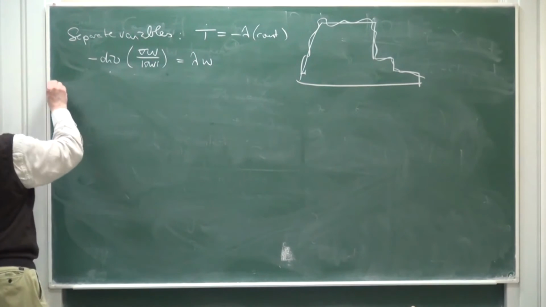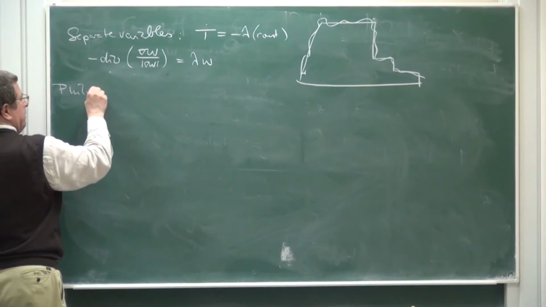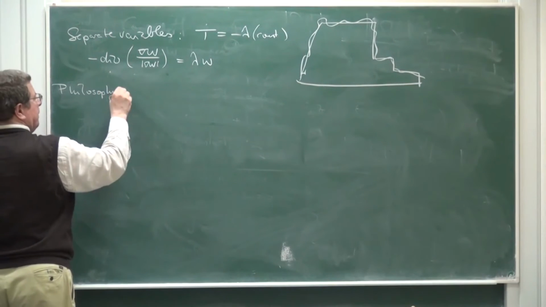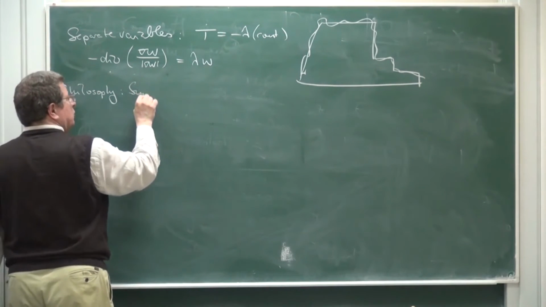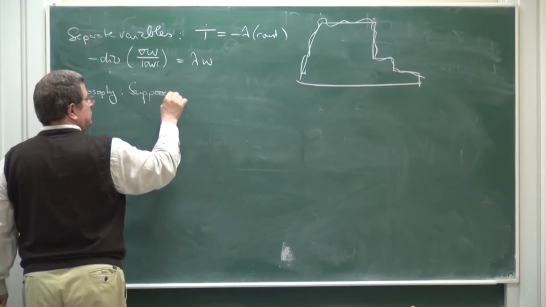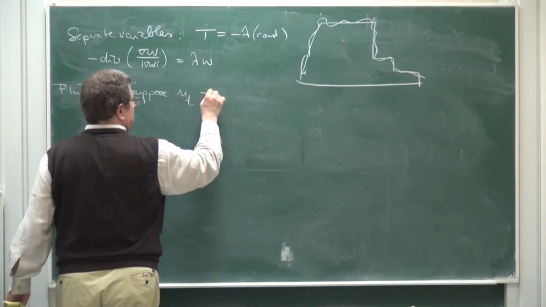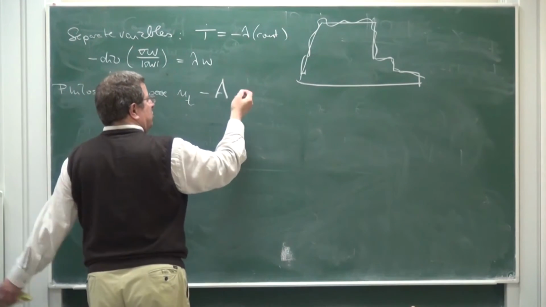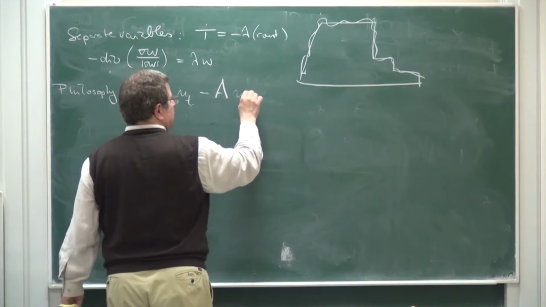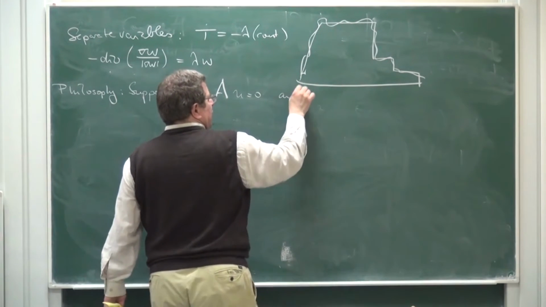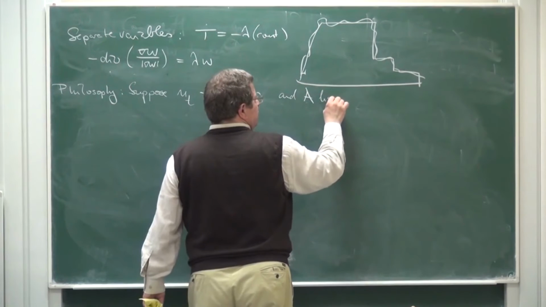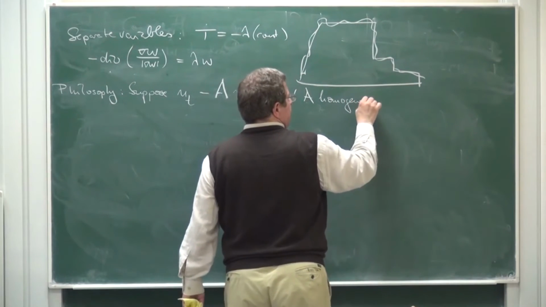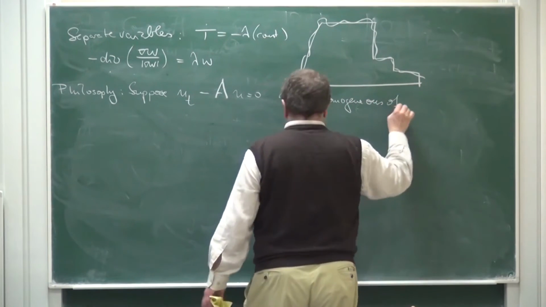So, philosophy. Suppose u sub t minus some operator A times u is equal to 0, and A is homogeneous of degree d.